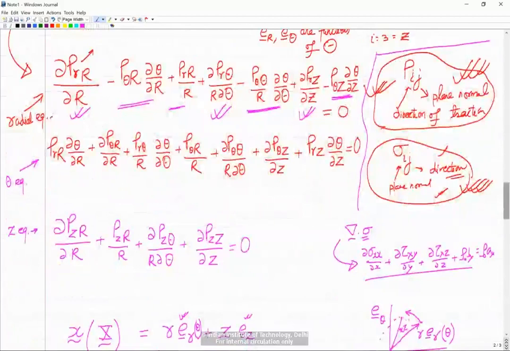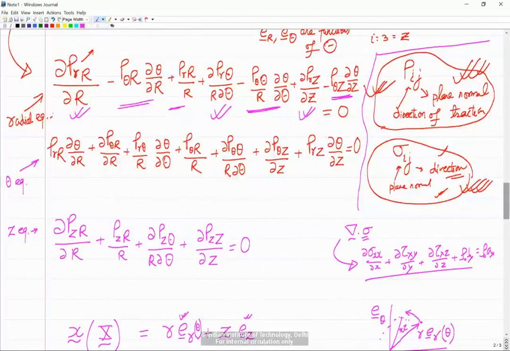The theta and z equations get trivially satisfied. And that's also the landmark or the trademark of this axial homogeneity and axisymmetric case. If you work with axisymmetric deformation, the theta equation will get automatically satisfied. If you work with axially homogeneous deformation, then the z equation will get trivially satisfied.